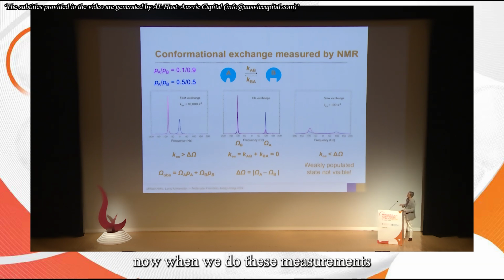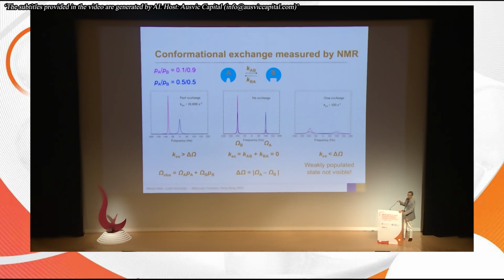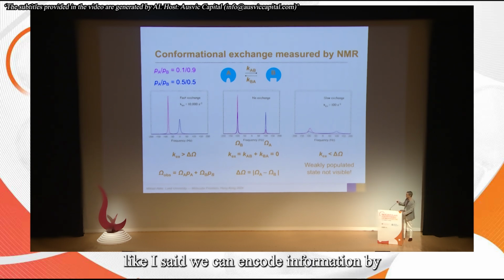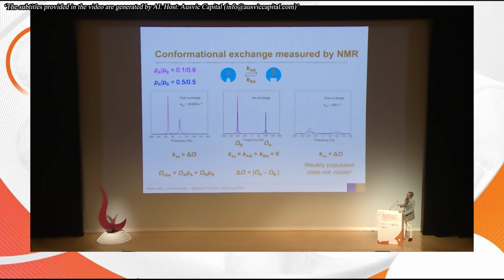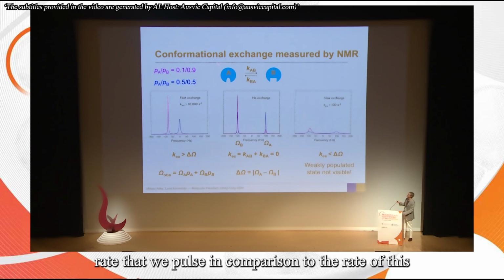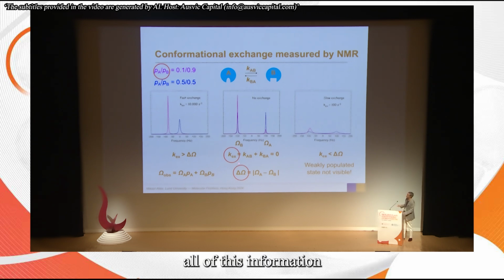Now, when we do these measurements, like I said, we can encode information by the specific experiment we run. We can encode information in the peak shape. So we can make the peak shape become greater or smaller depending on the rate that we pulse in comparison to the rate of this exchange. Then we can actually extract out all of this information.